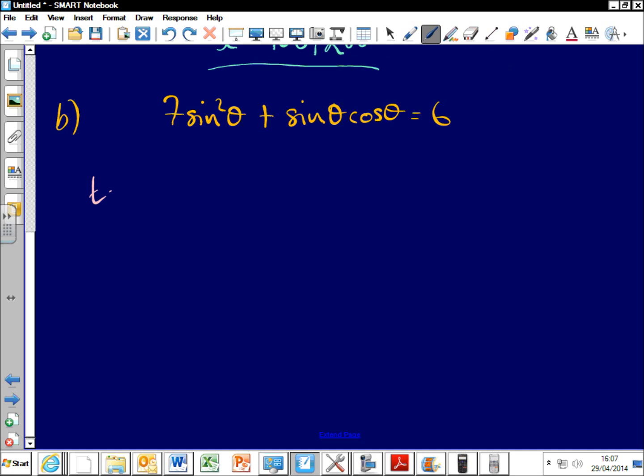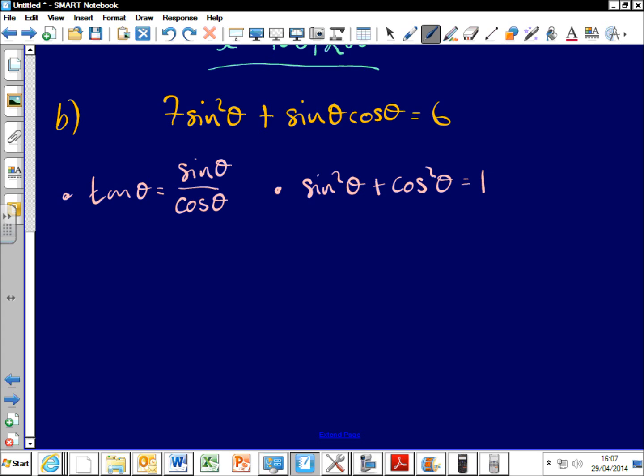And there's two identities you have, and that's that tan theta equals sine over cosine. And you also know this other identity, which is sine squared plus cosine squared is equal to 1. Okay, and if you want to change sine squared, you can use this identity here if it's squared, and this one's changed into tan. And you usually use one of them, and it will sort it out.